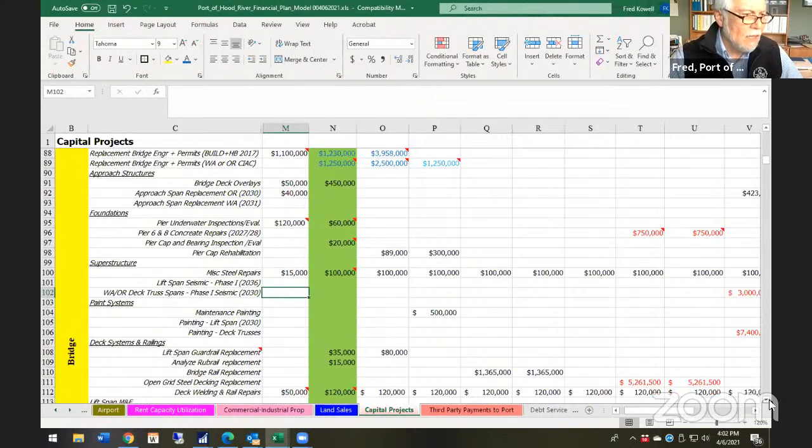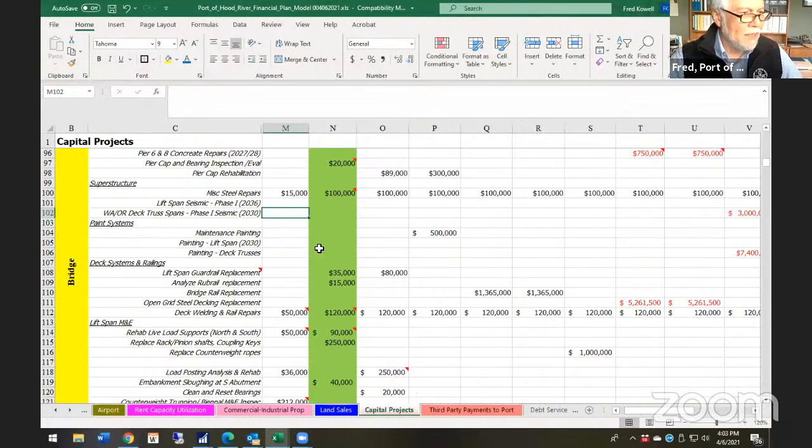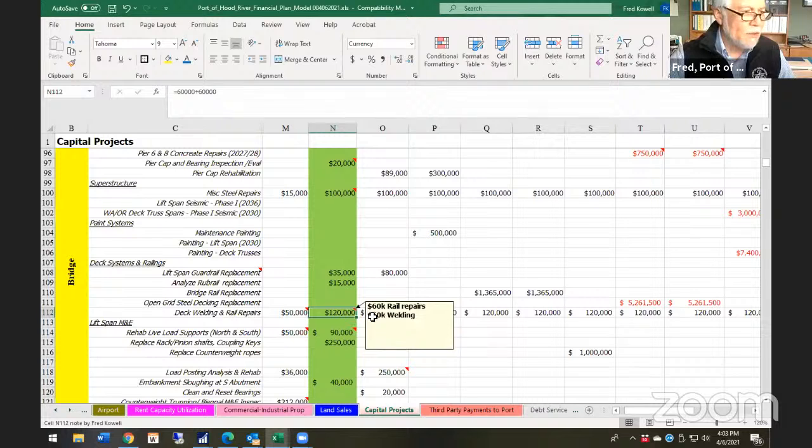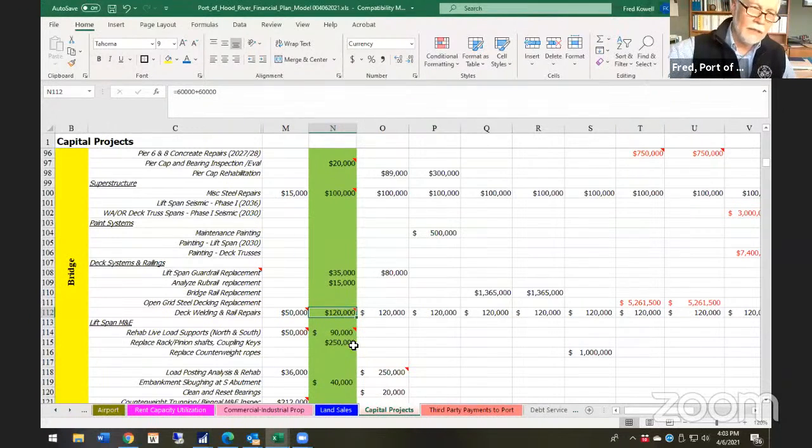And then you'll see again, painting of the deck trusses occurring out in 2029, 2030. All that work is being pushed out. We have some dollars for guardrail replacement. We have some dollars to analyze the rub rail replacement. Some deck welding will continue, and you'll see the $120,000 of just deck welding continuous.